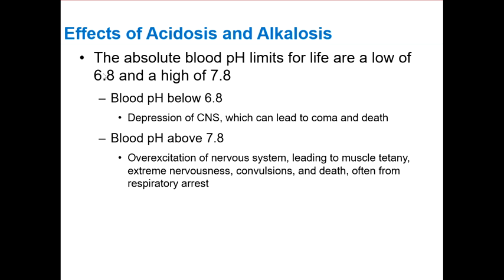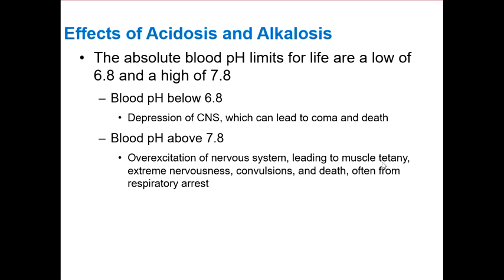Anything beyond that range is extreme and we can't survive, because below 6.8 in our blood, the pH just depresses our CNS. Our neurons cannot function at that point, which would lead to coma and death. Above 7.8 is just the opposite. It's not depression, it's overexcitement of the nervous system.